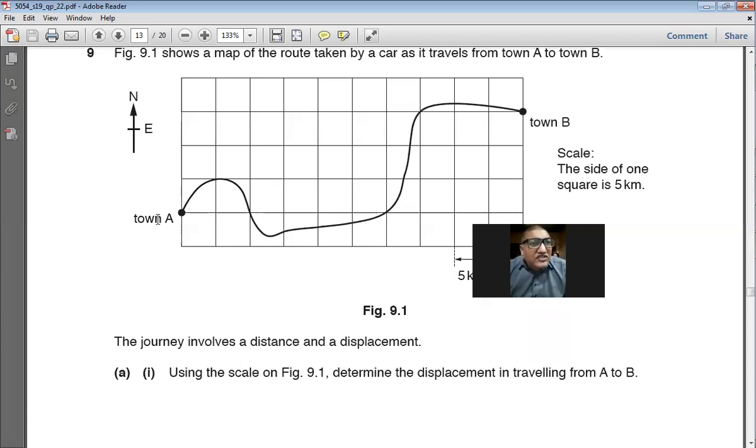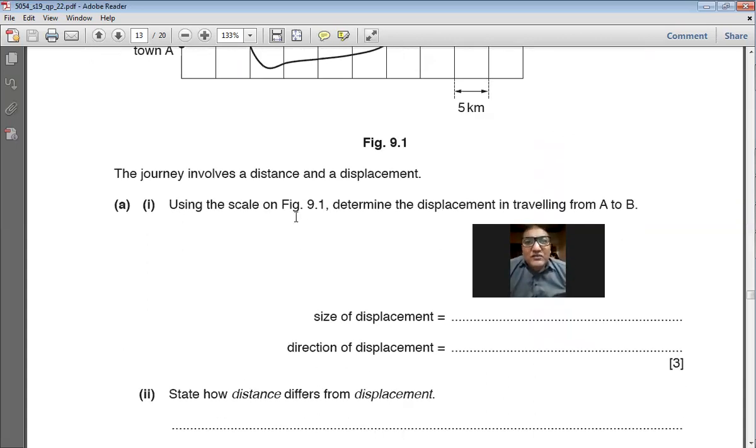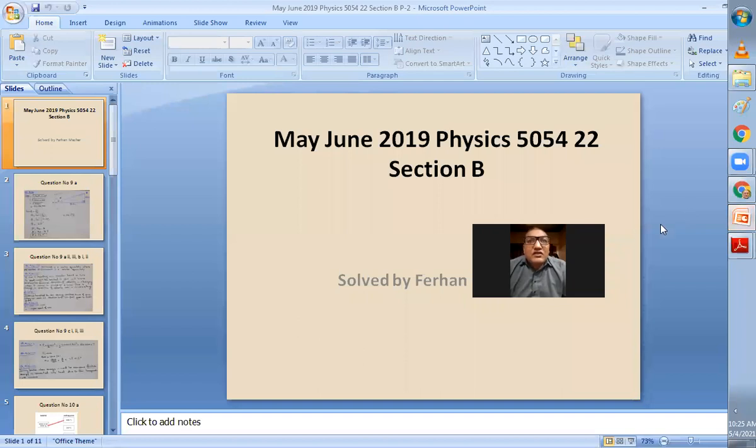So the direct distance or displacement from A to B I can find by applying the Pythagoras theorem. He has asked two questions: he wants you to find the size of the displacement, and also the direction of the displacement. I've done this on paper. Let me show you how I have done it.